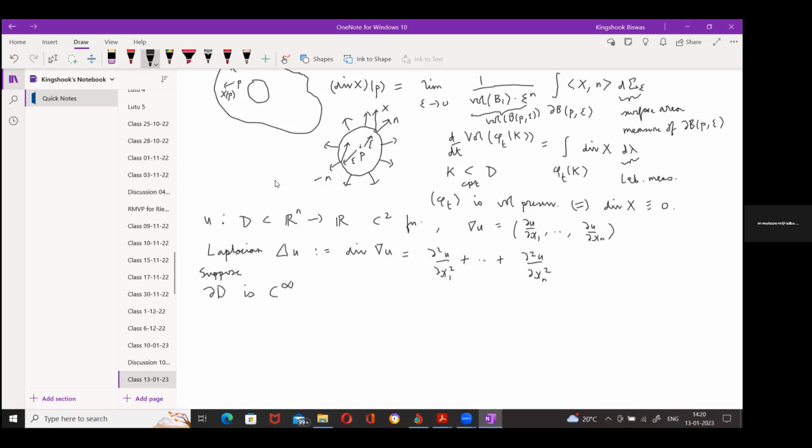Then you can define an outward unit normal vector field on the boundary. This is a map from the boundary that takes values in the unit sphere. It's a unit vector at each point, so it's a map to S^(n-1).